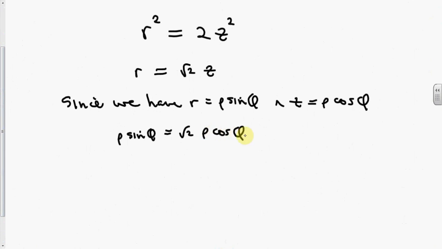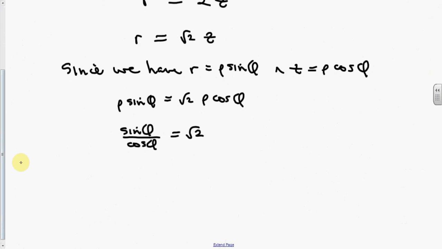Divide both sides by the rho, divide both sides by that cosine phi. So I have sine phi over cosine phi is equal to the square root of 2. But sine over cosine is just tangent. Tan phi is equal to the square root of 2.